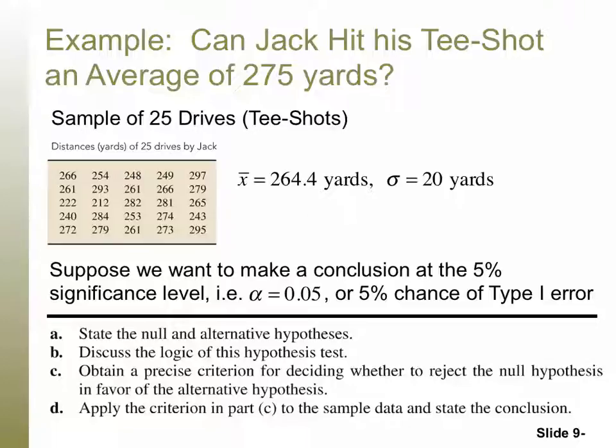So this is the process that we went through. So we just stated the null and alternate hypothesis. We discussed the logic. So obtain a precise criterion for deciding whether to reject the null hypothesis in favor of the alternate hypothesis. Okay, so that's based on the significance level of 0.05.